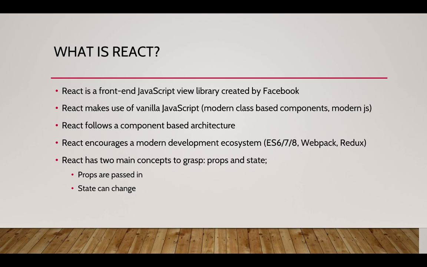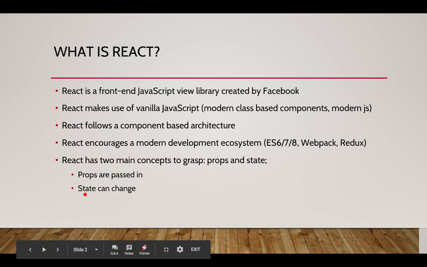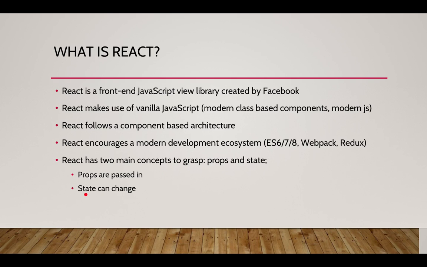State is the life cycle of that component, the different UI state of that specific component. And these are things that can change, whether it's toggling of buttons, data that we get back from an AJAX request, or anything really that is dynamic. This is state, right? So props aren't going to change, but state will.